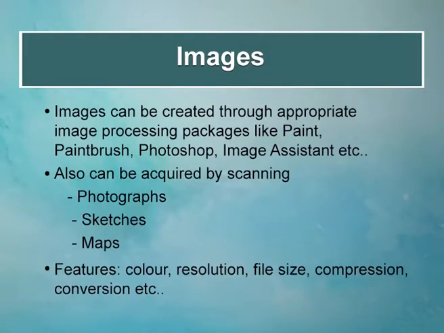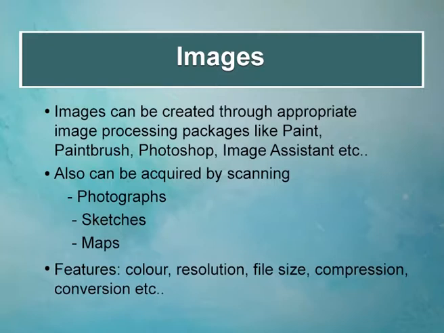Suppose we are drawing a simple drawing using MS Paint, by default the file is stored like a bitmap with the extension .bmp. That file is very heavy, it is using the bitmapped format. So, it is a heavy file.